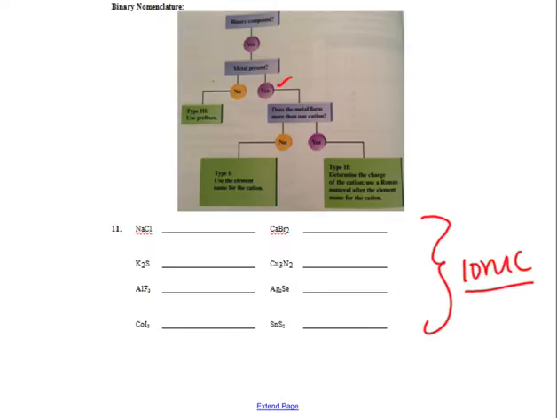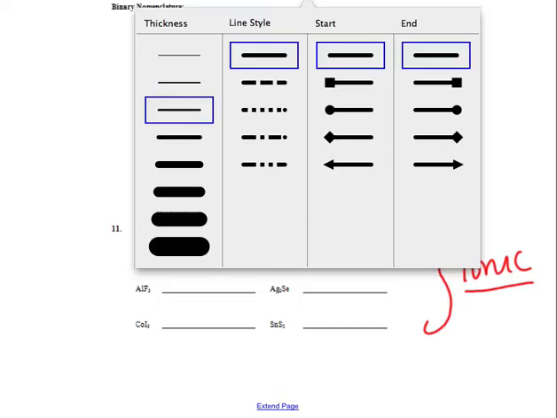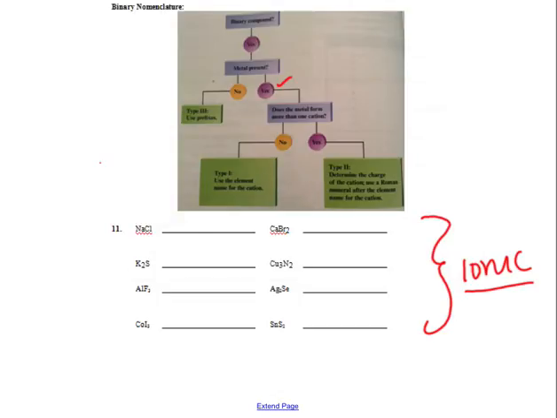Number 11, what is that one? Sodium chloride. Sodium has only one charge because it's group 1. So we don't have to put in a Roman numeral. Going over to the right, does calcium have more than one charge? Nope.